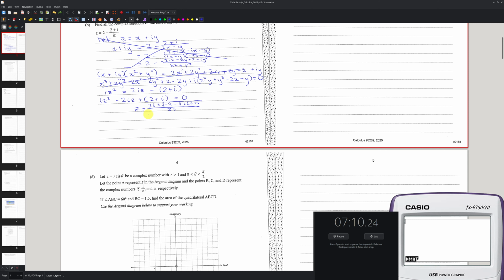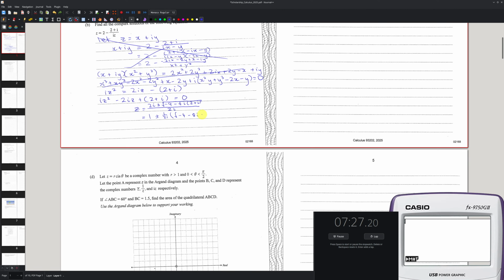Is this good enough? Well, so what is this? It is 1 plus or minus 1 over 2i times the square root of negative 4 minus 8i plus 8.